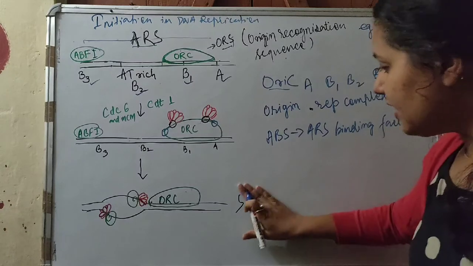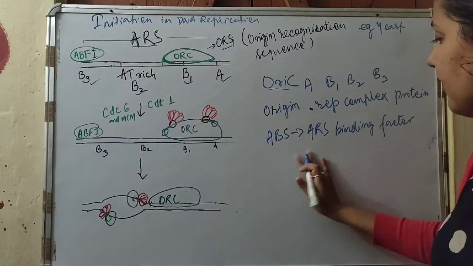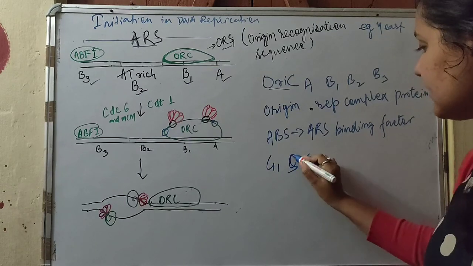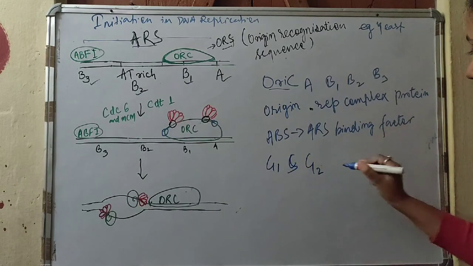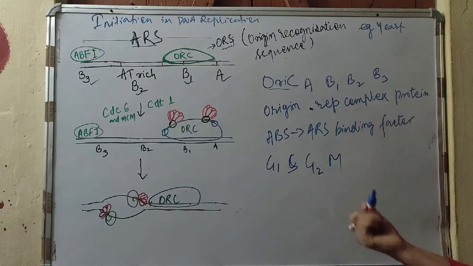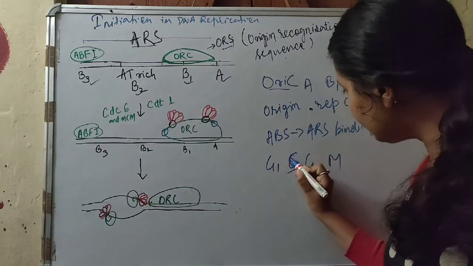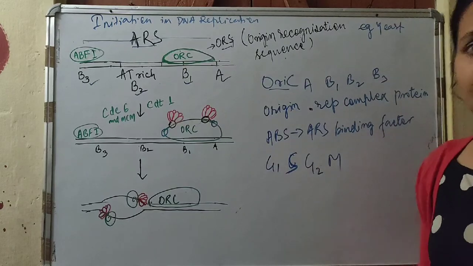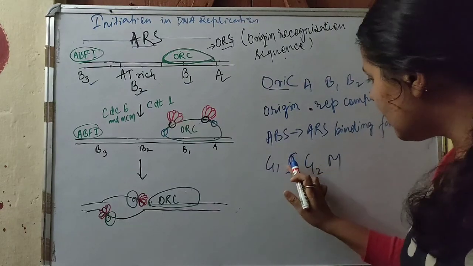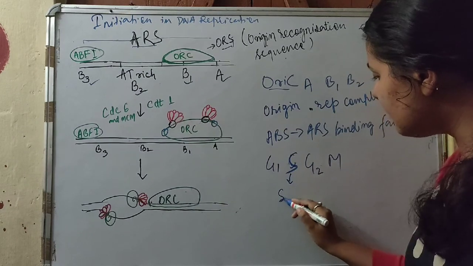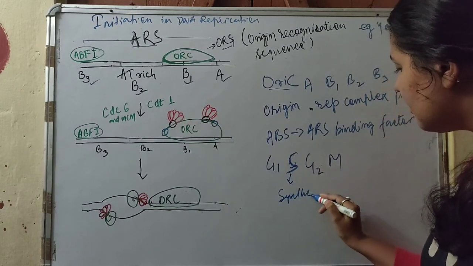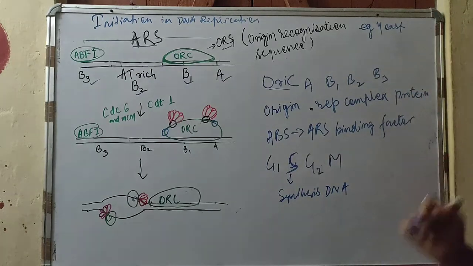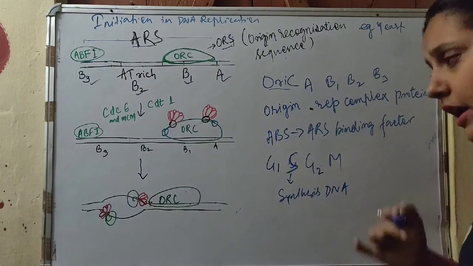Alright, because in the cell cycle we have G1 phase, S phase, G2 phase, right? And then the mitosis or meiosis will take place. But during S phase, what happens? During S phase there will be the synthesis of DNA. Synthesis of DNA means replication of DNA, right?